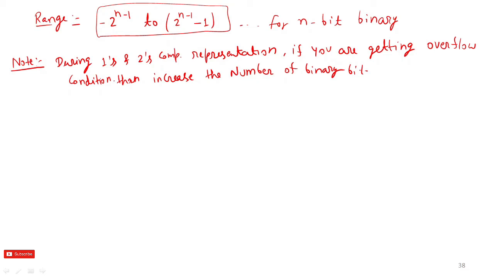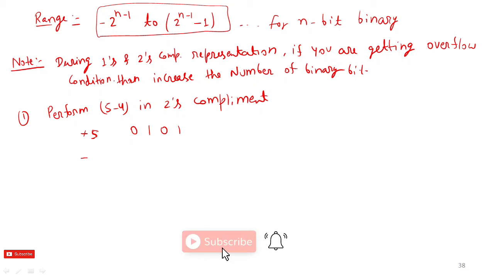So see arithmetic operation in 2's complement method. Number 1, perform 5 minus 4 in 2's complement. How will you perform it? 5 minus 4 is addition. See, +5 you represent in 2's complement simply like the sign, 0 1 0 1. -4, how will you represent it? First you write +4, then for -4 do the 2's complement. So this will be 1 1 0 0.